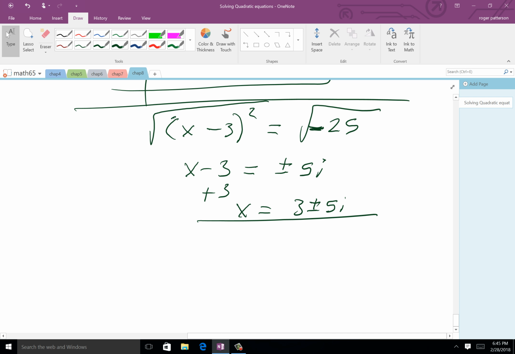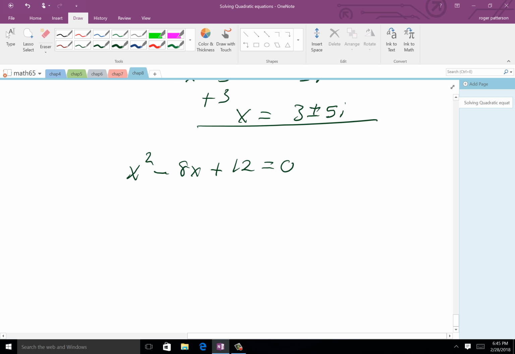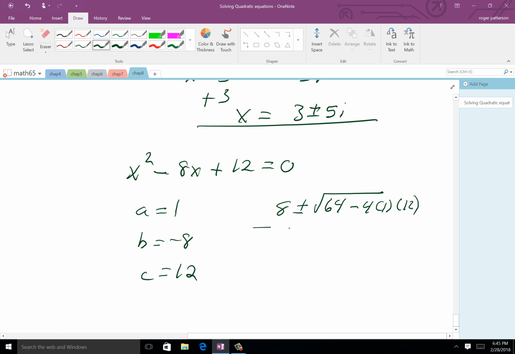So now, let's still solve, but this time we'll use the quadratic formula. So a equals 1, b equals negative 8, c equals 12. And now we'll use the formula. And again, it depends on how far you want to carry this out.